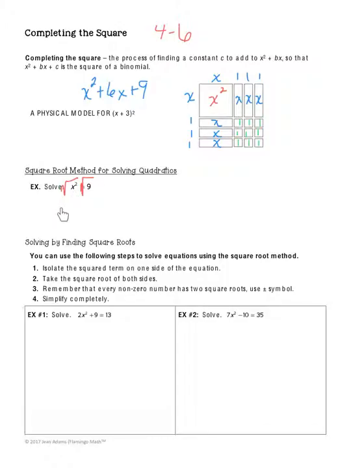Well, that could be positive 3 or negative 3. So there are two values that when squared give us 9, so we have to put in here a plus minus in front of the right side, the side other than the squared term. And so we end up getting x equals positive or negative 3.